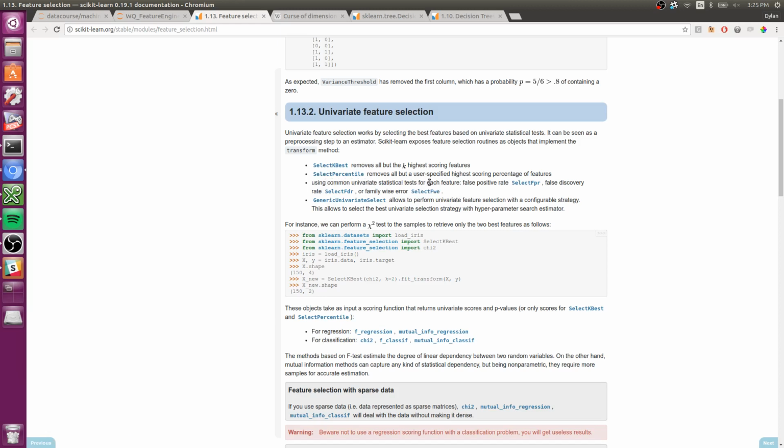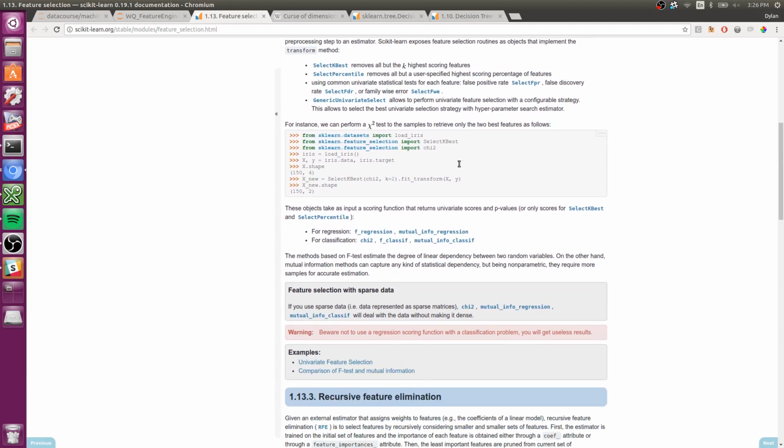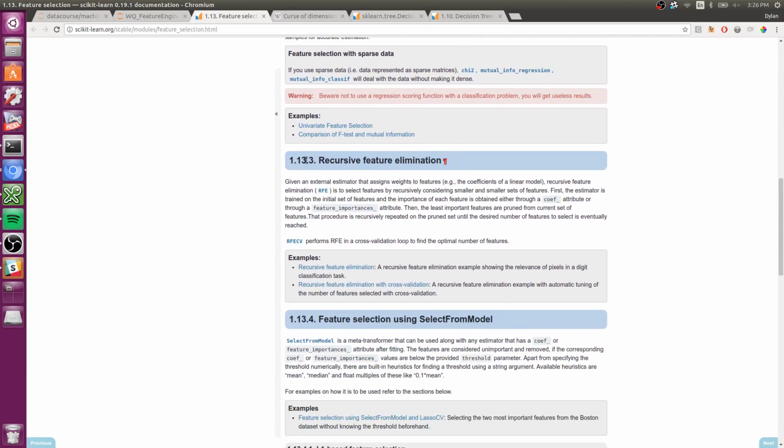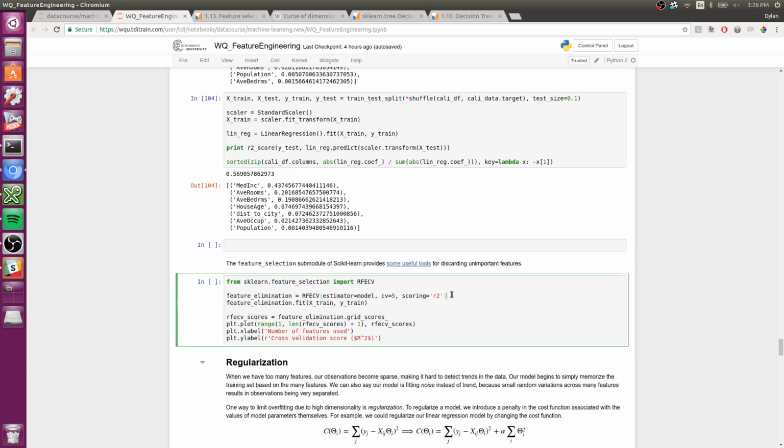Select percentile, where you select features based on them contributing within a particular percentile to the evaluation metric. We are going to briefly demonstrate this one here, recursive feature elimination, where we try eliminating features one after another and determining their impact on our evaluation metric.